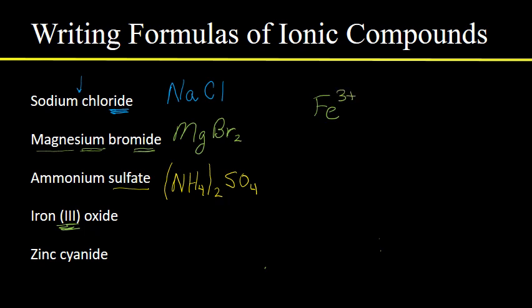For the oxide, this IDE suffix tells us that this is a simple anion. So it's just an oxygen with a negative charge. And if we look at the periodic table, we see that oxygen is 2 spaces away from neon. So when oxygen forms an anion, it's going to acquire 2 electrons to have a charge of -2.